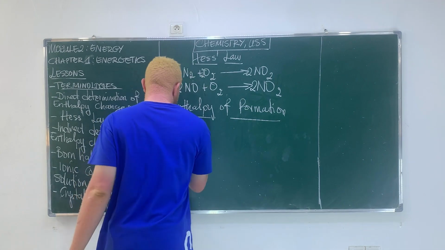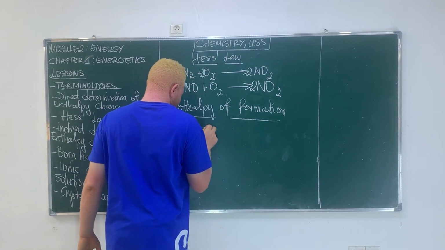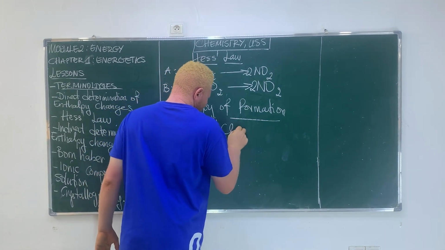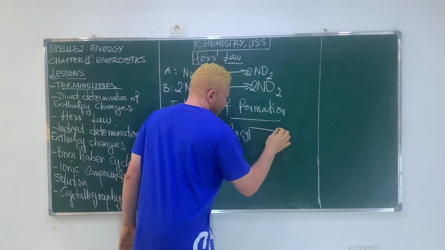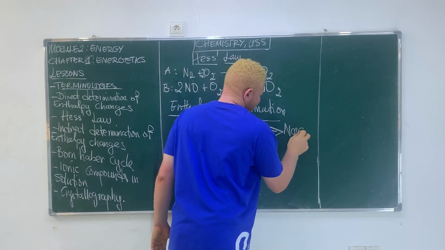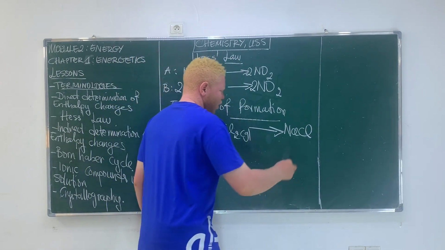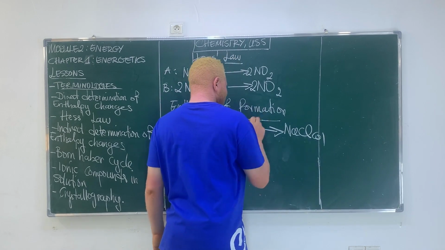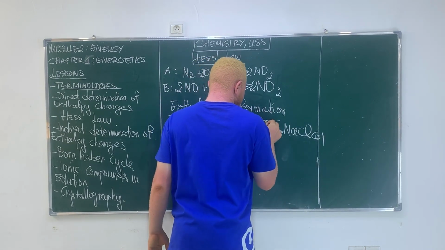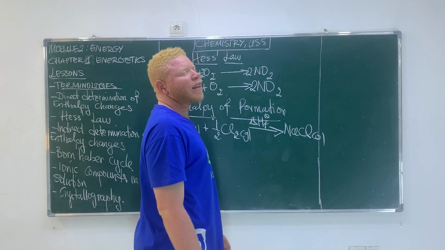I have sodium plus chlorine. This enthalpy change we call delta H of formation. What's the enthalpy of formation?